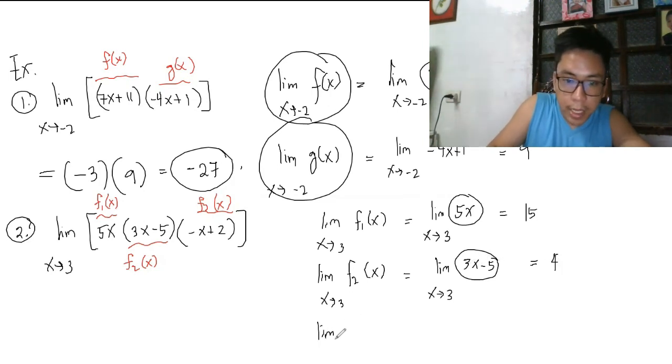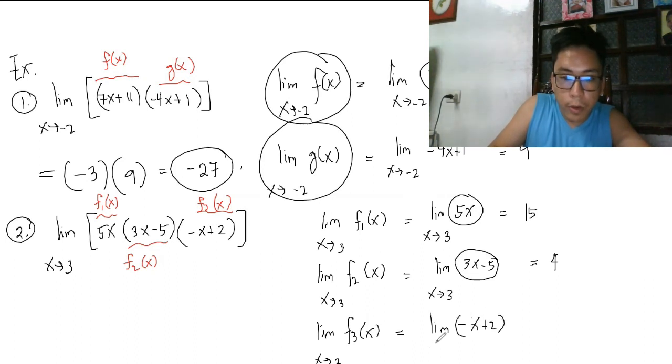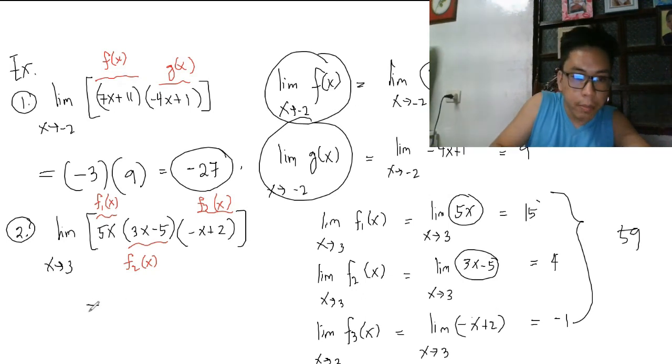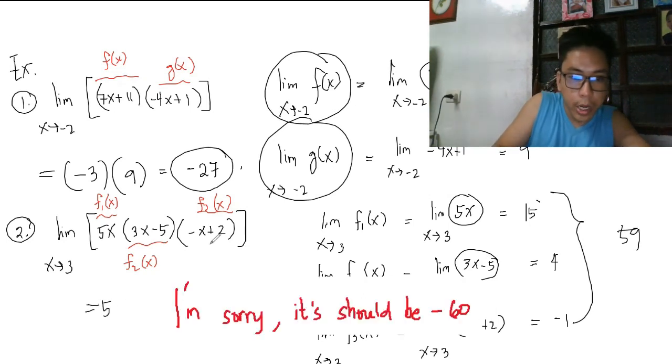Lastly, the limit of f3 of x as x approaches 3 is the limit of negative x plus 2, that's negative 3 plus 2, it's negative 1. So you take the product: 15 times 4 is 60, times negative 1 gives negative 60? No, 60 minus 1, that's 59. So therefore, the limit of the product of three functions is 59.